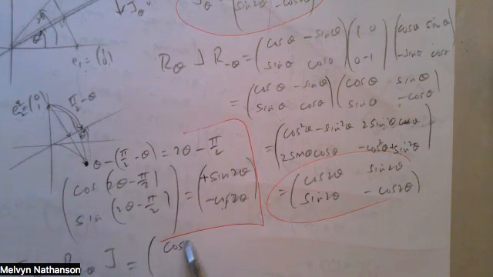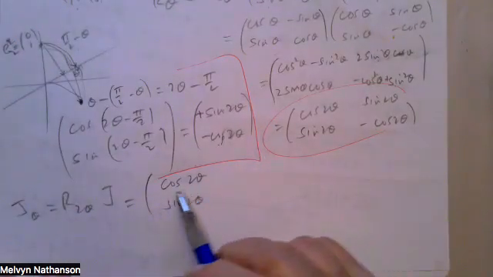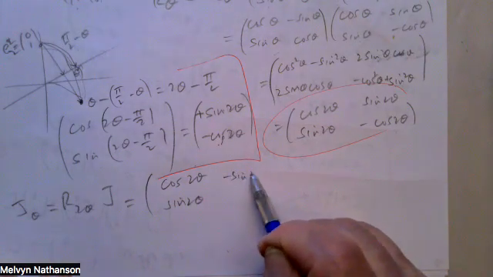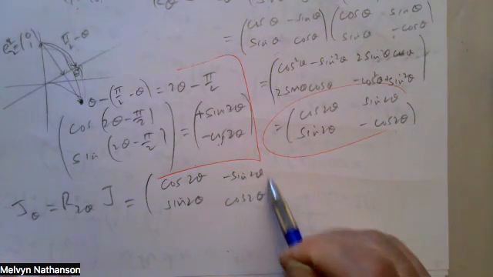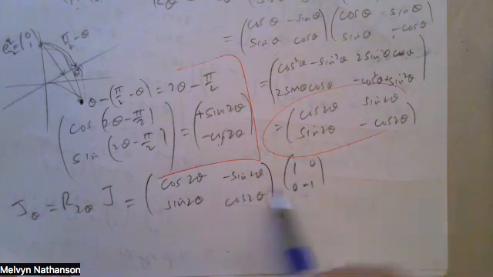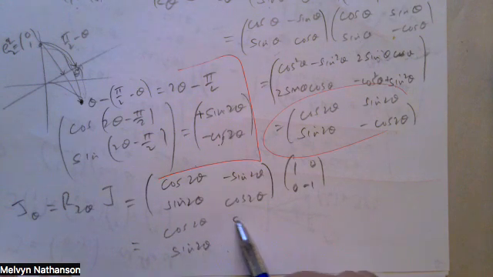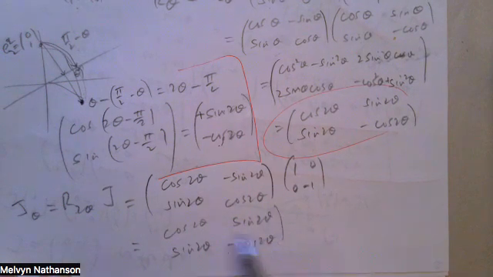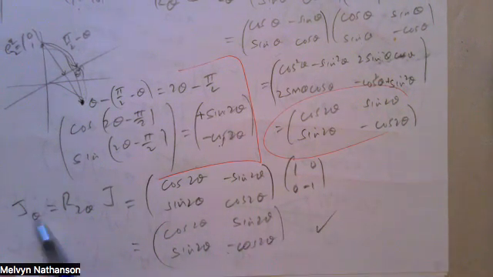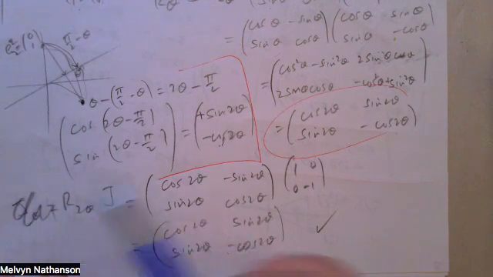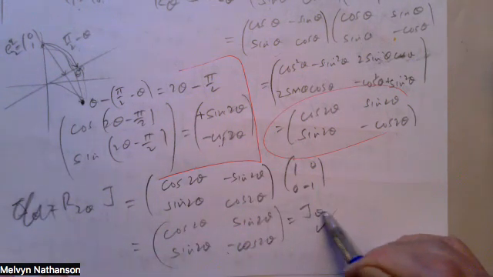R2 theta is cosine 2 theta, sine 2 theta, minus sine 2 theta, cosine 2 theta, times 1, 0, 0, minus 1. This is cosine 2 theta, sine 2 theta, sine 2 theta, minus cosine of 2 theta. This checks. This is equal to reflection through theta.